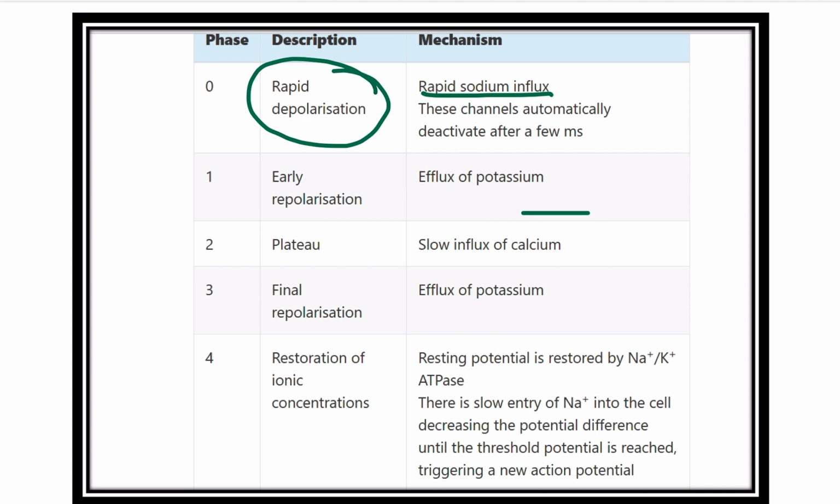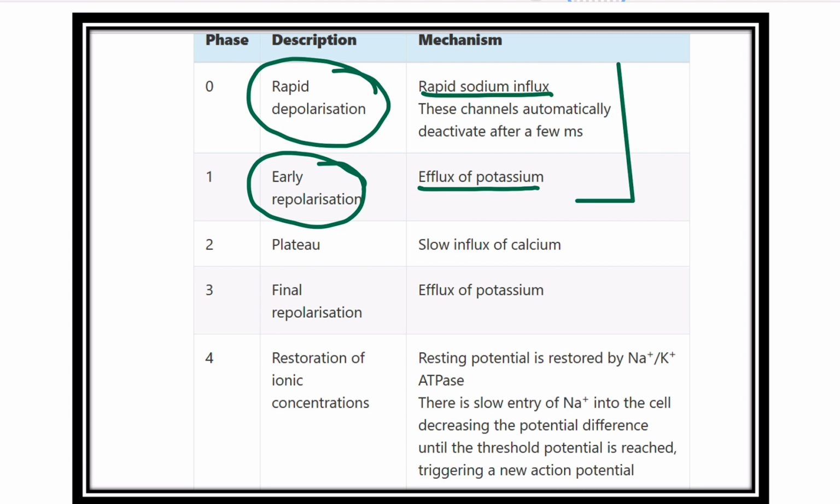Rapid sodium entry, and rapid sodium entry causes the action potential curve to go upward. But then what occurs? Early repolarization, that means efflux of potassium, that means the potassium goes out.